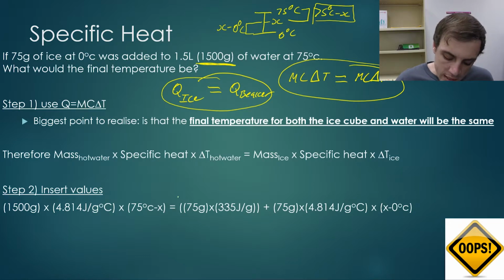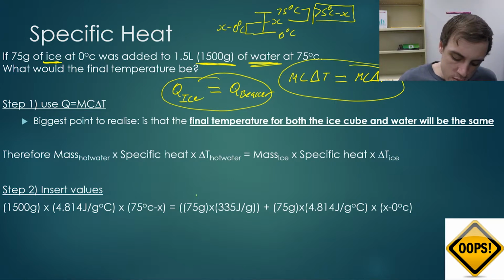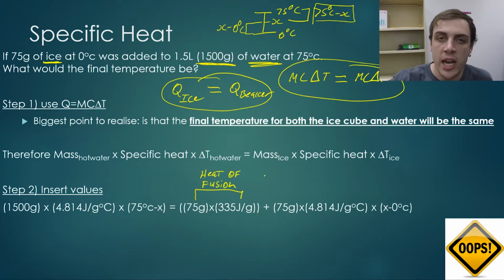Now, our next part here, again, we need to remember that this is going from ice to water or liquid. So we need to include the heat of fusion because we need to account for a changing phase. So this is where we've got our heat of fusion to account for the change in phase. So we have the mass of our ice cube.